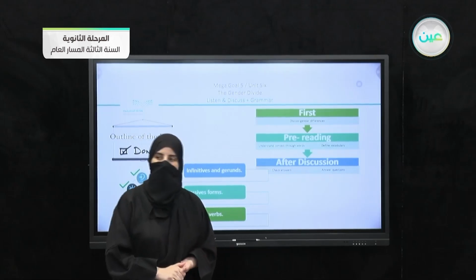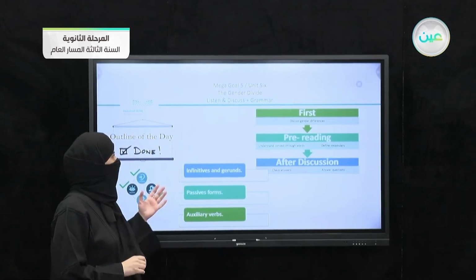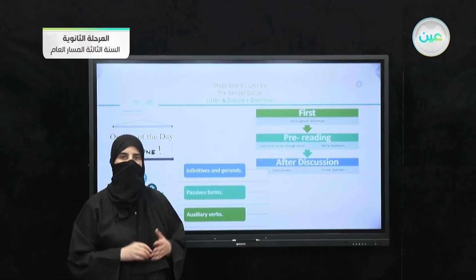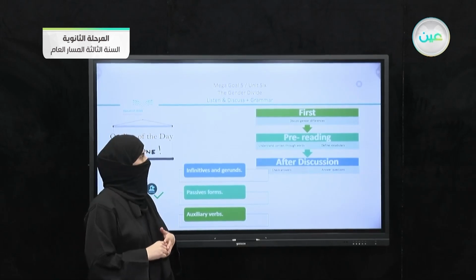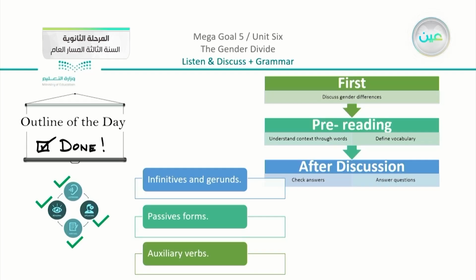Now, our outline of the day is, first of all, we discussed gender differences. We understood context through words and defined vocabulary. We also checked answers and answered other questions. In the other part of our lesson, which is the grammar, we have the discussion about infinitives and gerunds.